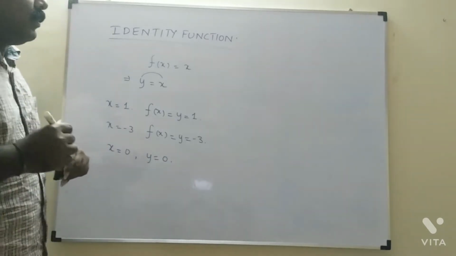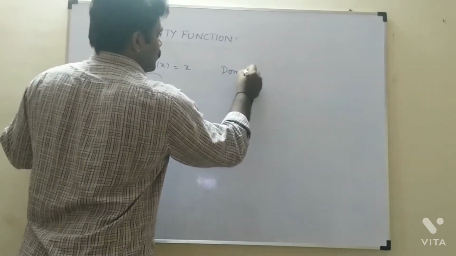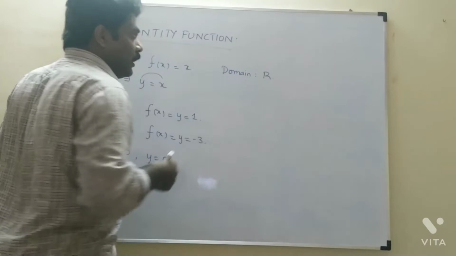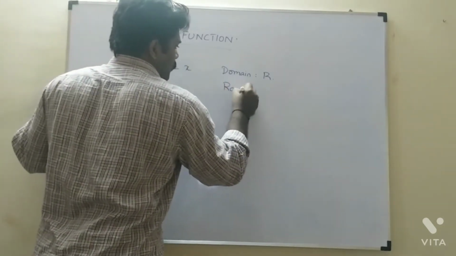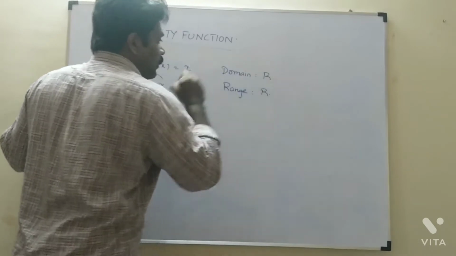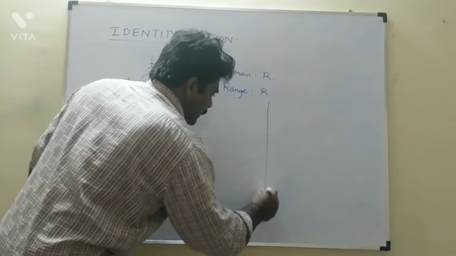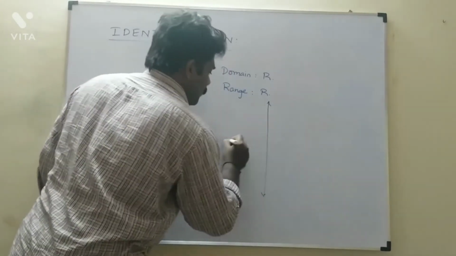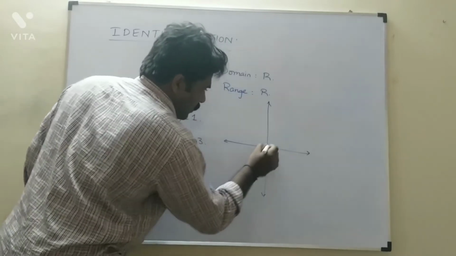Right. Now, the domain of this identity function is any real number, and similarly the range also can be any real number. And the graph of this identity function is a straight line passing through the origin.